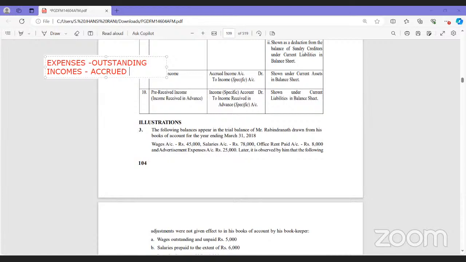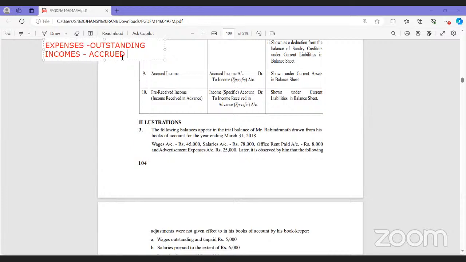Expenses which are not yet paid, incomes which are not yet received, which we have to receive but have not received yet. So for incomes we call it accrued and for expenses we call it outstanding. In expenses, what we did, we added to the respective expenditure.